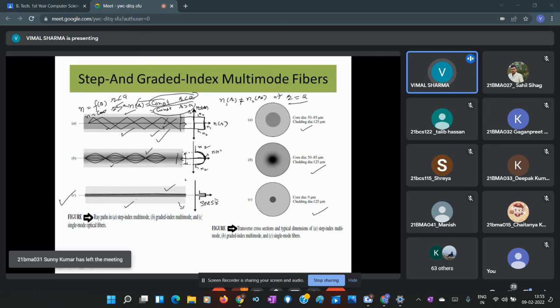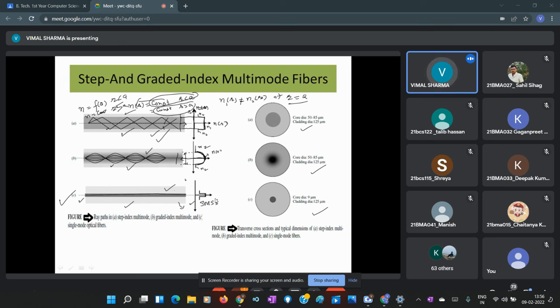And in case of a single mode step index fiber, it remains straight from one end to the other end of the optical fiber. There are no total internal reflections, so we cannot talk in terms of two successive total internal reflections here.